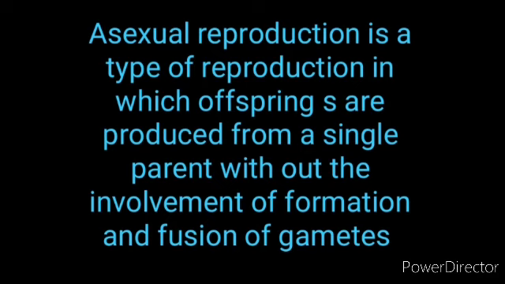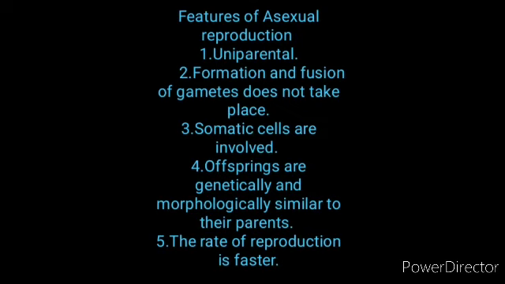Asexual reproduction is a type of reproduction in which the young ones, or progeny, or offsprings are produced from a single parent without the formation and fusion of gametes. What is the meaning of gametes? Sex cells. So only one parent is involved, and without the fusion of gametes a new organism is formed. That is called asexual reproduction.